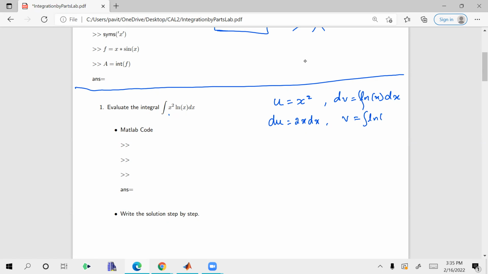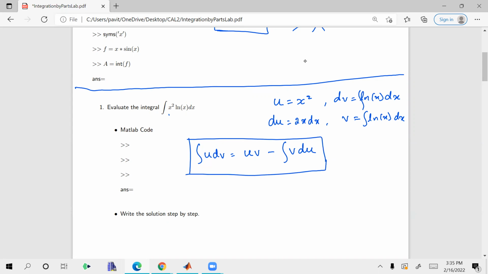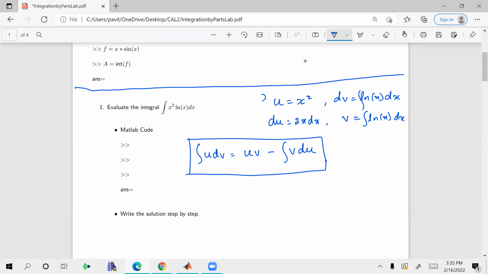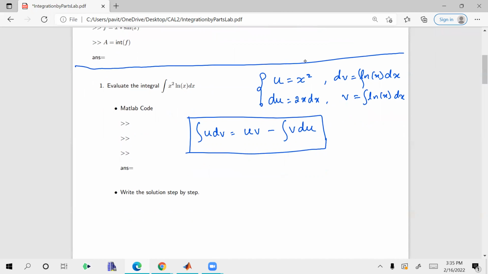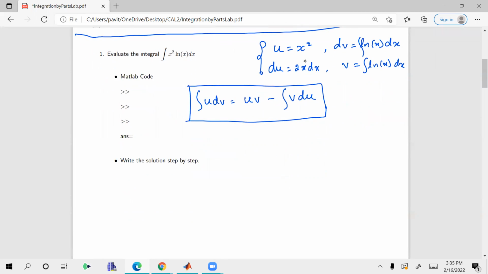Integration of ln of x dx, you will find what is v, and then this is the formula, uv minus v into du, right? So you will be using this formula. This is called integration by parts. So you will be using this formula and solving the problem. Okay, you just have to plug in whatever you have computed here. Got it? Okay, so that's how you find the solution step by step.